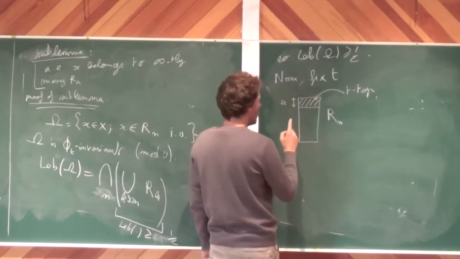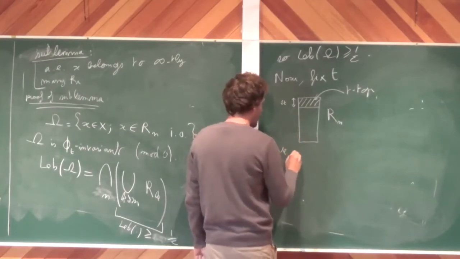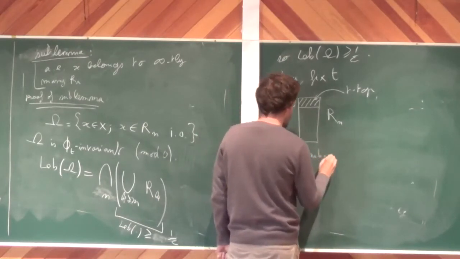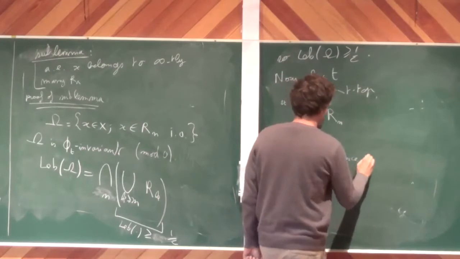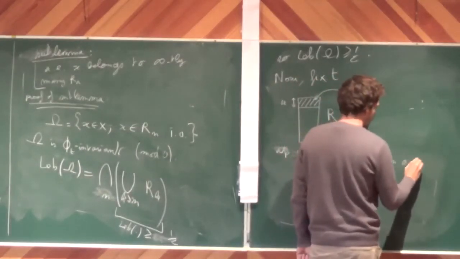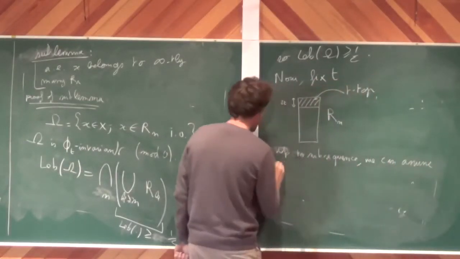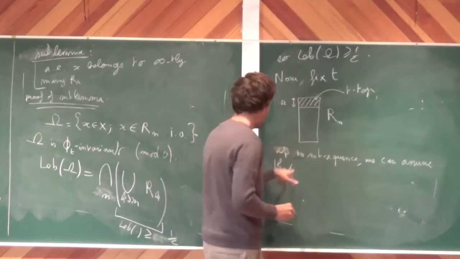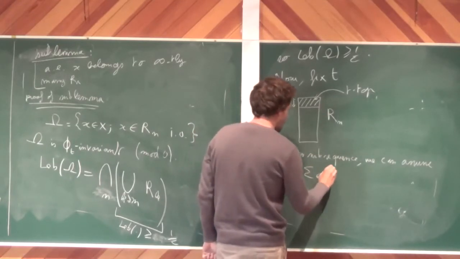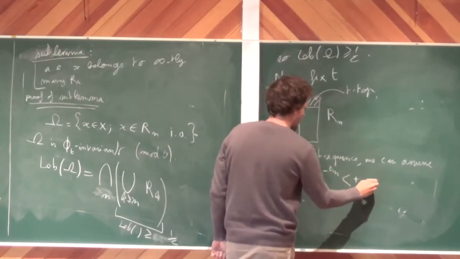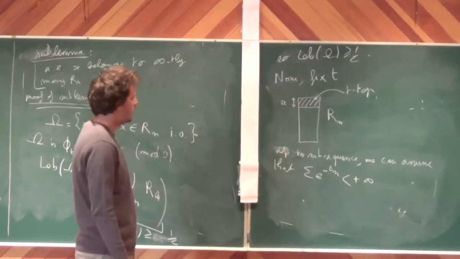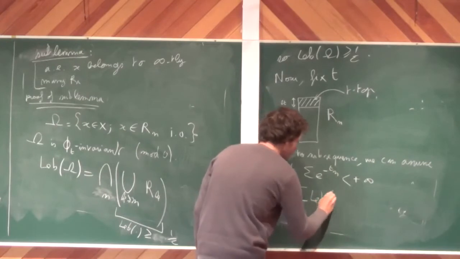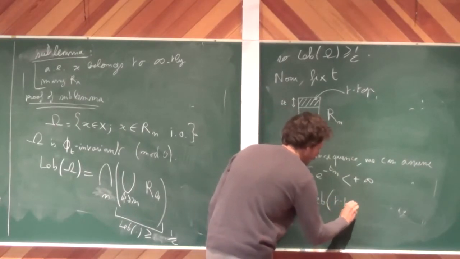So what is the measure? Up to a subsequence, we can assume, I should emphasize, I do not have to use the ergodicity here, that the sum of the exponential Tn is finite. And then, what is the total measure of the t top of Rn?